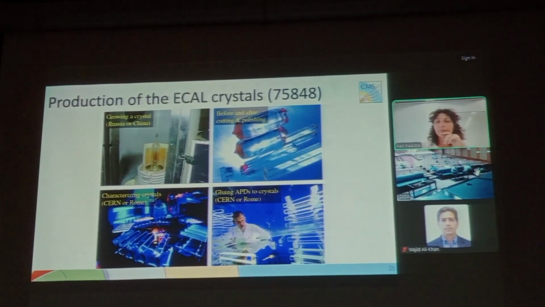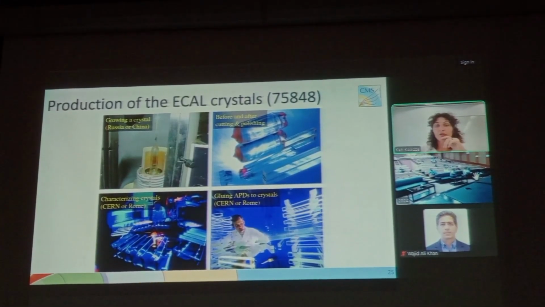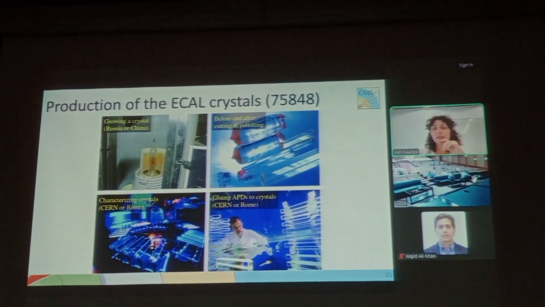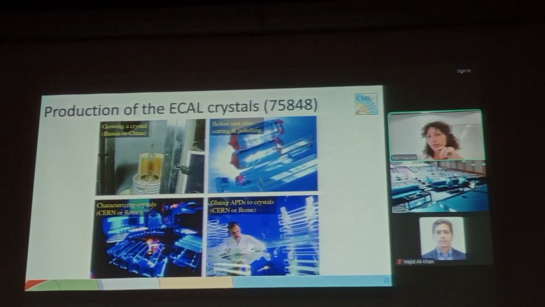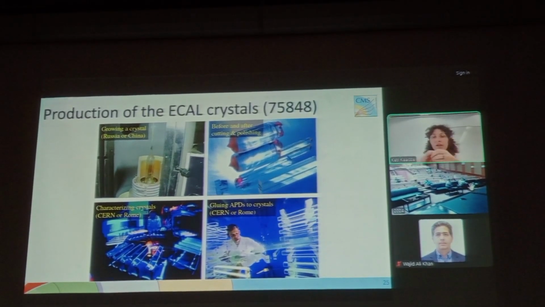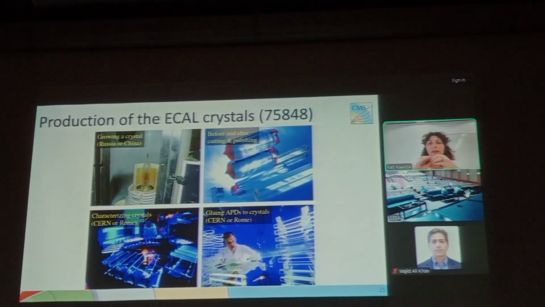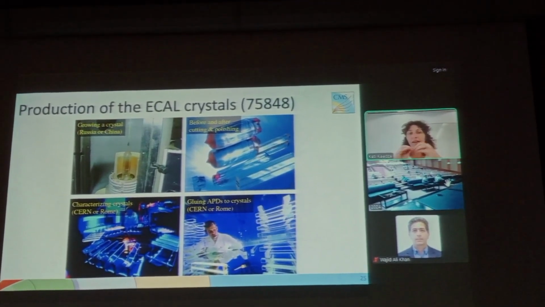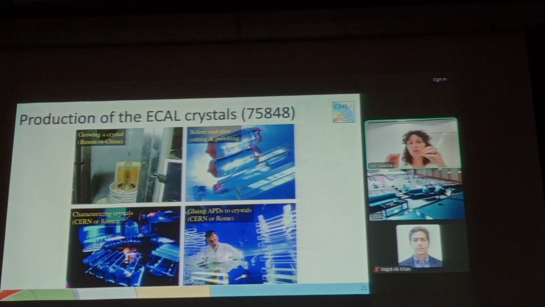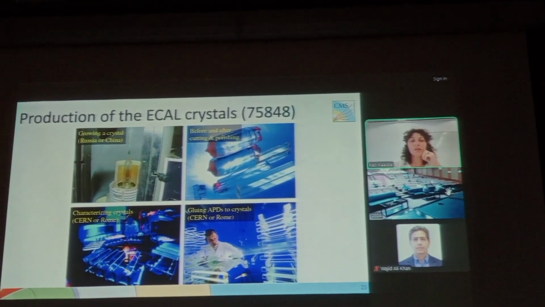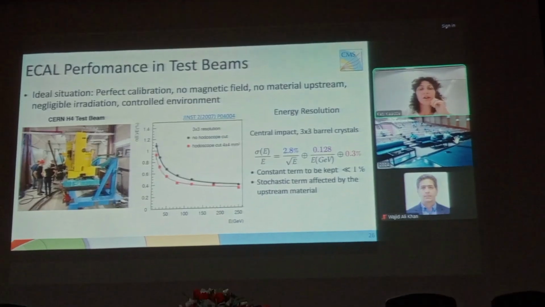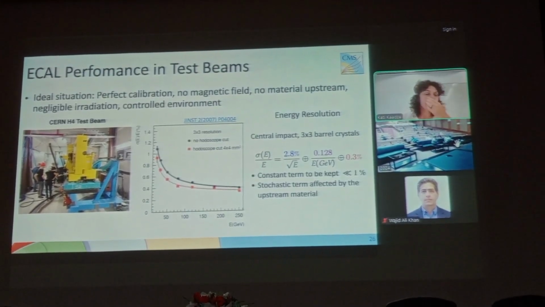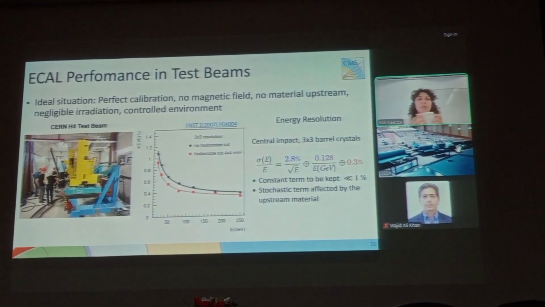Of course, then they all need to be measured individually and parameterized, because even though technologies are developed and try to make very similar crystals, there are always some differences, and we need to make sure that they are more or less uniform. So we have to have characterization of each of them and apply the necessary corrections.